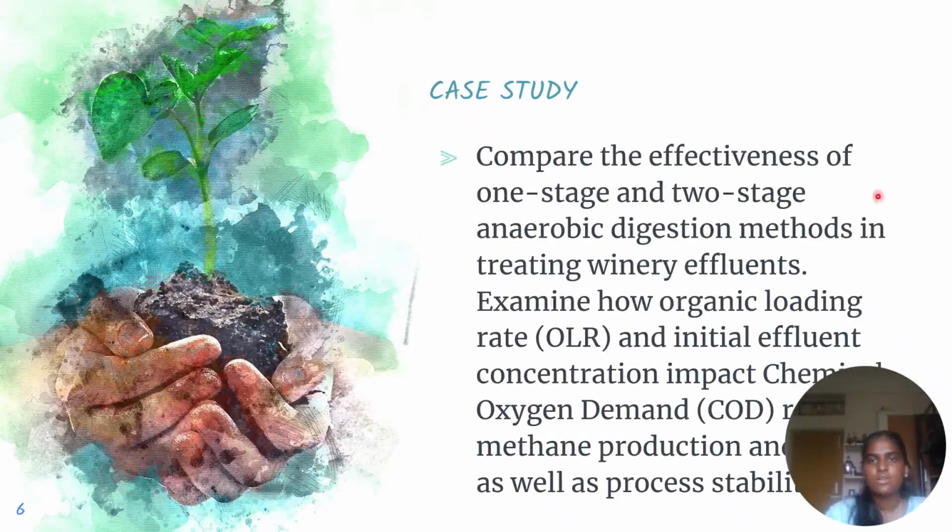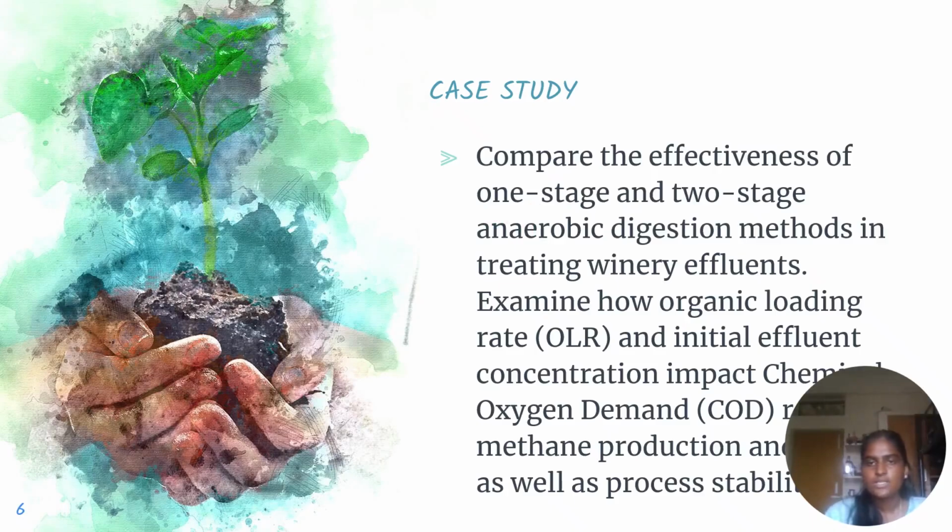Then this is one small case study about the anaerobic digestion method. They examine the winery effluent, how the organic loading rate and the initial effluent concentration impact the COD levels, the methane production and yield, and the stability of the process. They compare the one-stage and two-stage process.